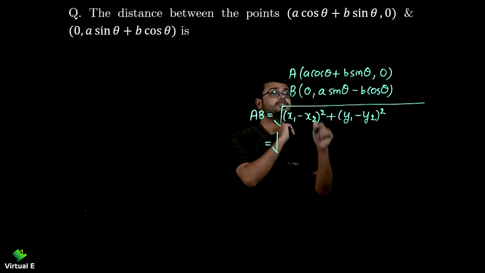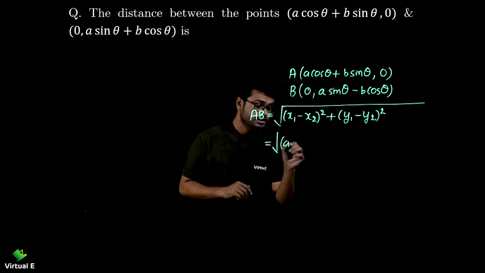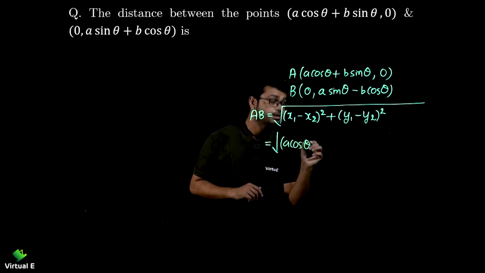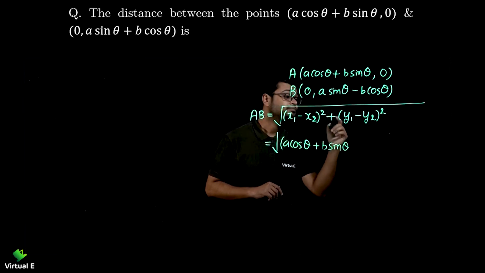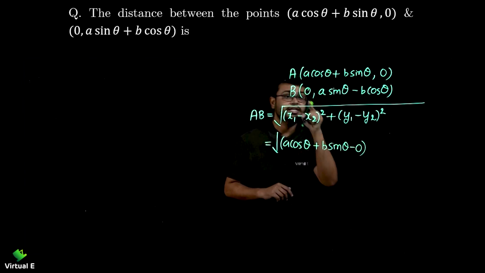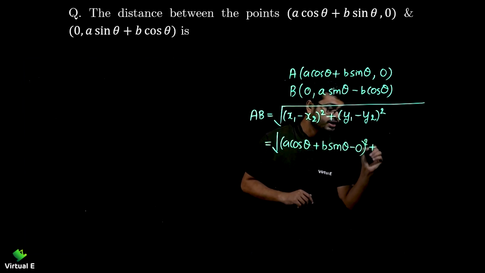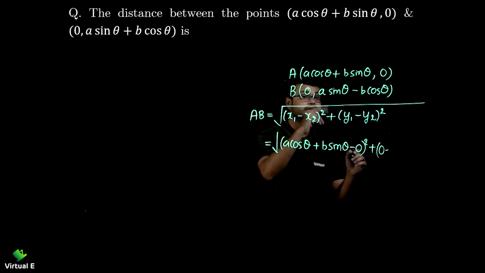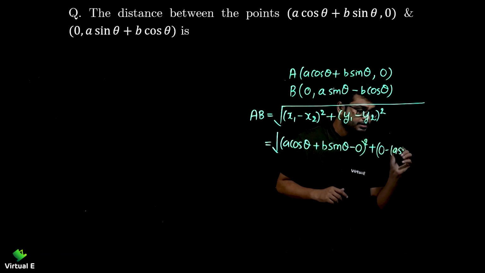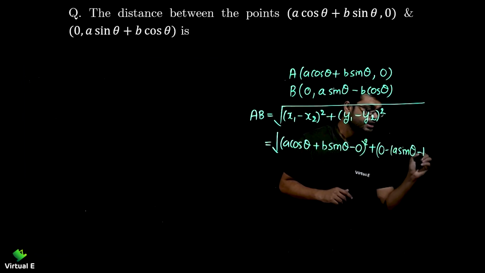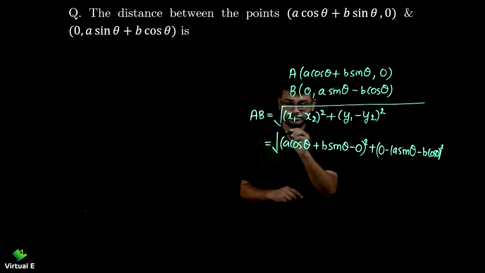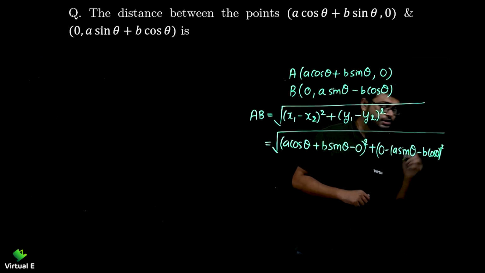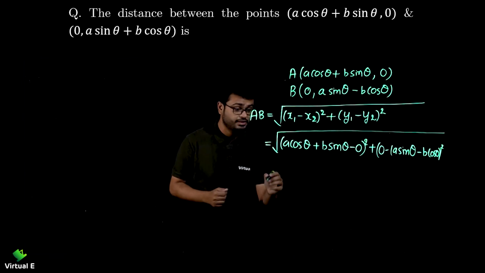So x1 minus x2, where x1 is a cos theta plus b sin theta, minus 0, since x2 is 0, whole square. Then 0 minus (a sin theta minus b cos theta) whole square. So that's under the square root. Now let's simplify.